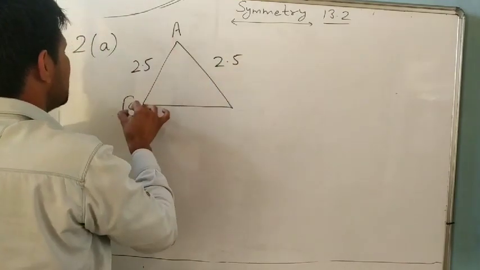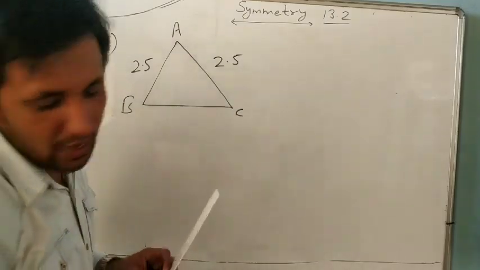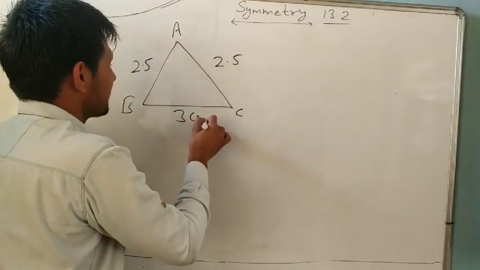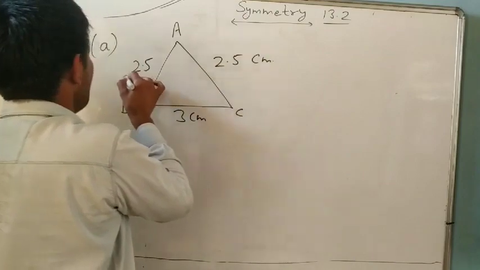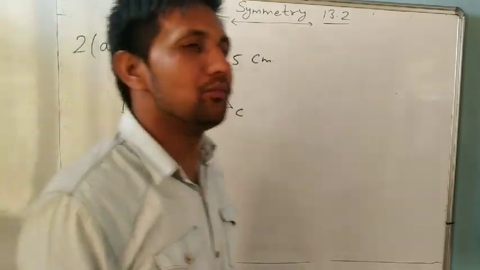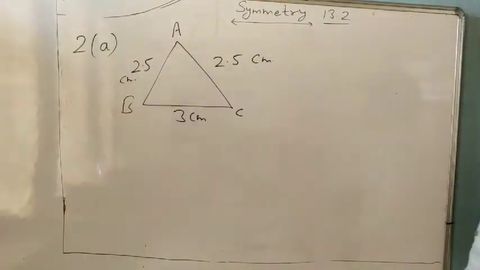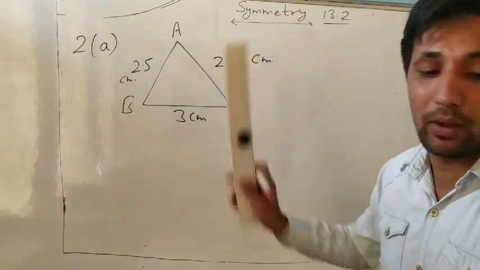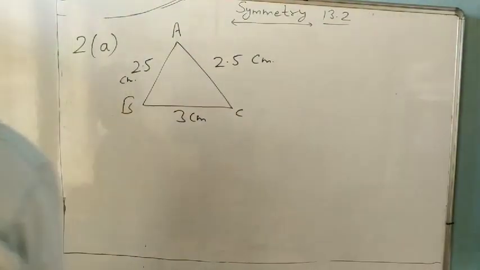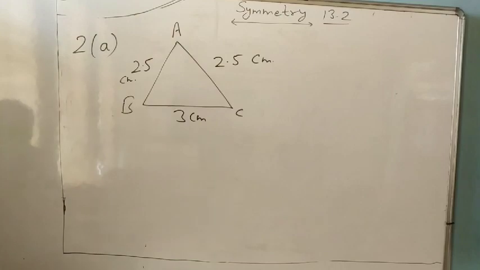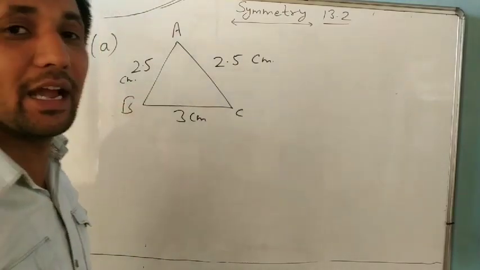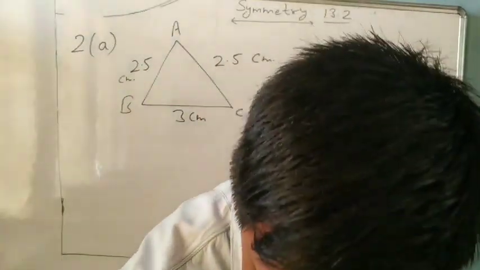Suppose it is A, B, C, and it comes to 3 centimeters. So tell me, in this triangle, how many sides are equal? Two sides are equal, and if two sides of a triangle are equal, then it is an isosceles triangle.